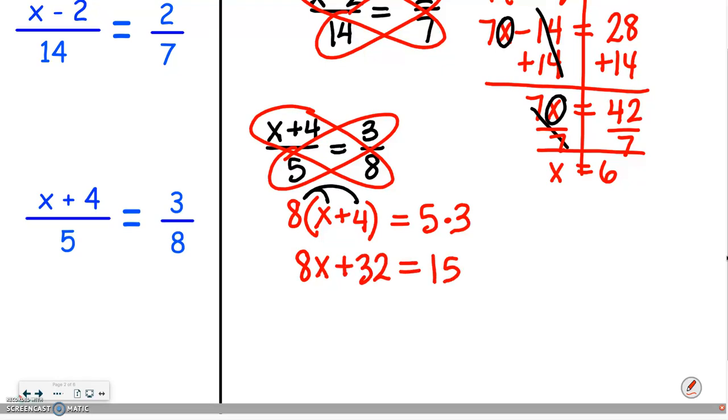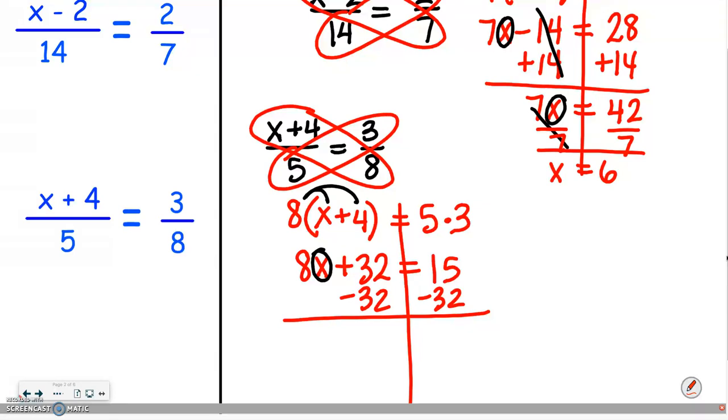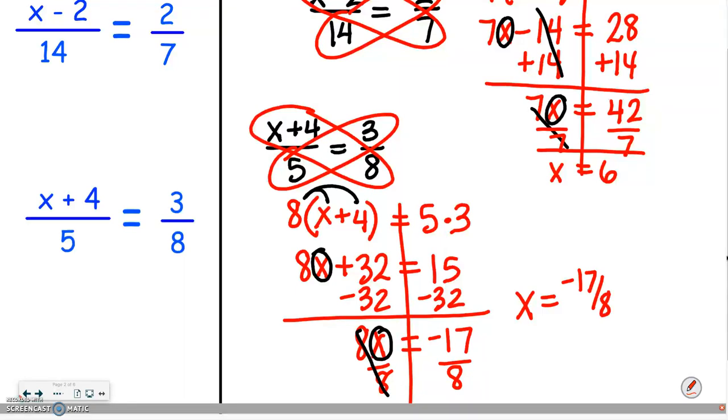And 5 times 3 is 15. Circle the variable. Subtract 32 on both sides. 15 minus 32 is negative 17. Bring down my 8x. And then I would divide by 8 on both sides. And this does not divide evenly, so I am going to leave it negative 17/8. And that's good enough for the answer.